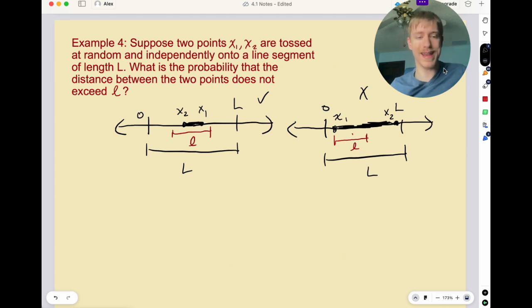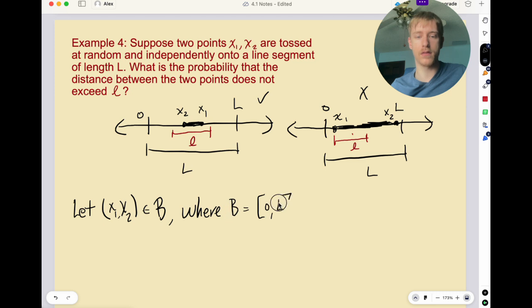Well, we're going to suppose that the point x1, x2 is going to be in a total region B, where B is going to be given by the square of length L, so 0 to L cross 0 to L, right?